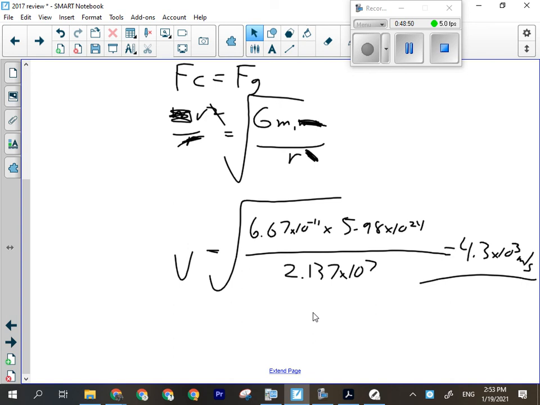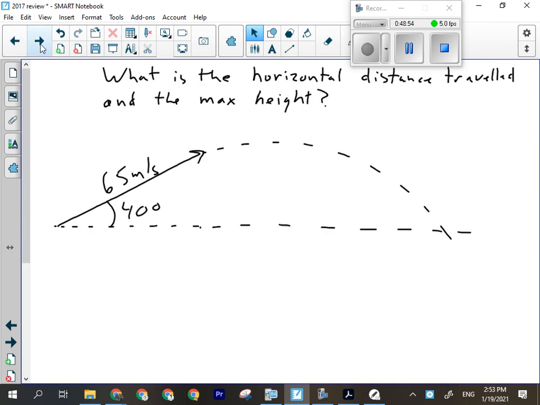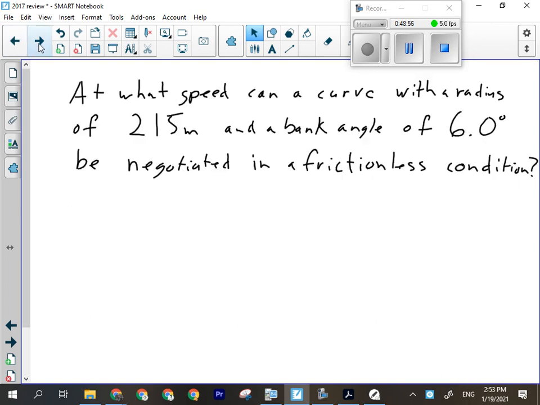I had a bank curve question here. Okay, here's a bank curve question. You guys can give that one a try.